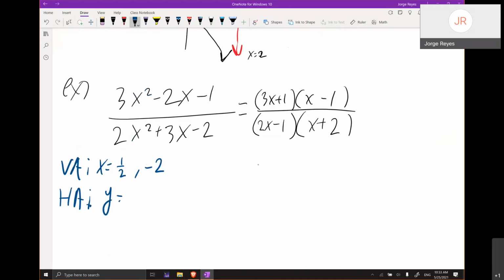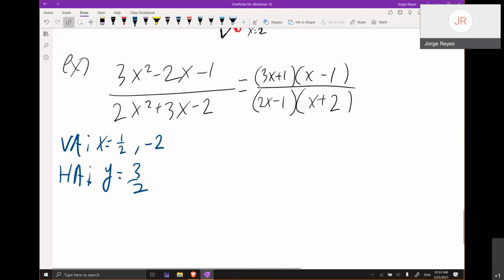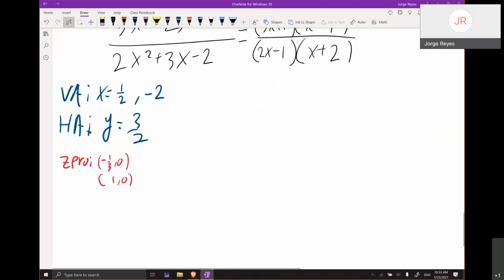Okay, 3 over 2. And then we know the zeros. So we can see the zeros of the function easily, right? The zeros are -1/3 and 1, okay? And that's kind of all I need.